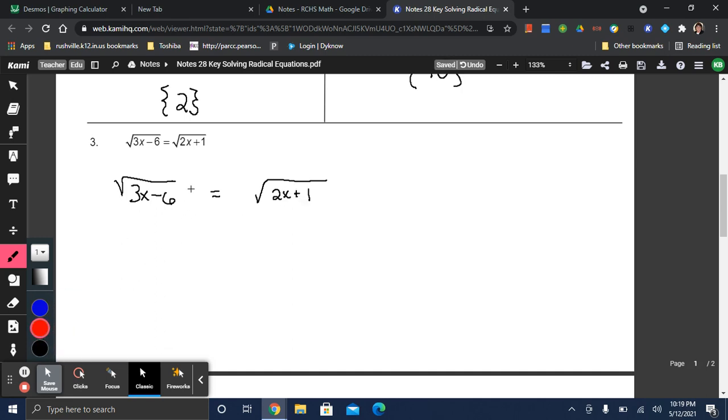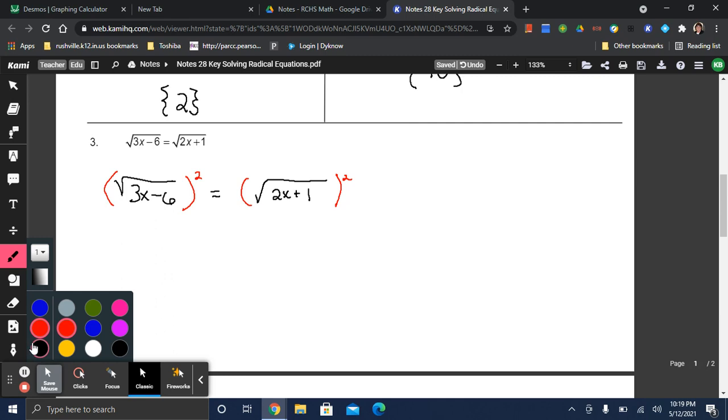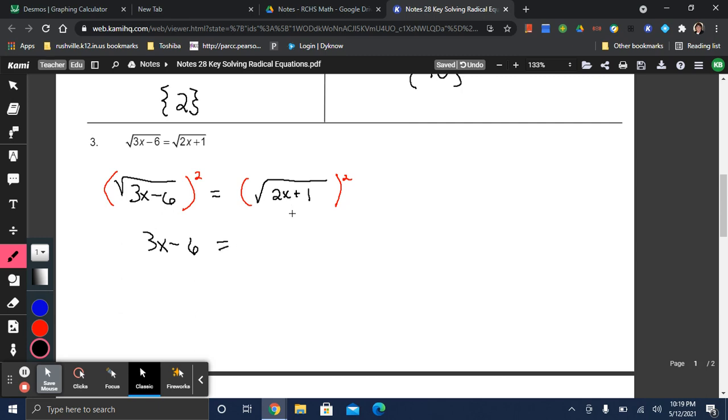And so we have the square roots by themselves on one side of the equal sign. It actually happens on both. So you can square both sides, and this makes the square root go away. So we'll have 3x minus 6 equals, and then on this one, 2x plus 1.